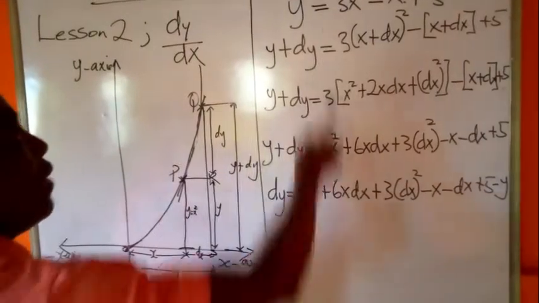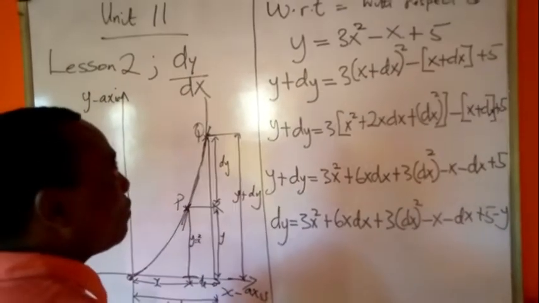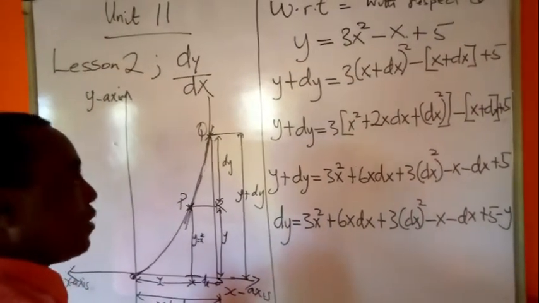So what is y? That equation, y is equal to 3x squared minus x plus 5.